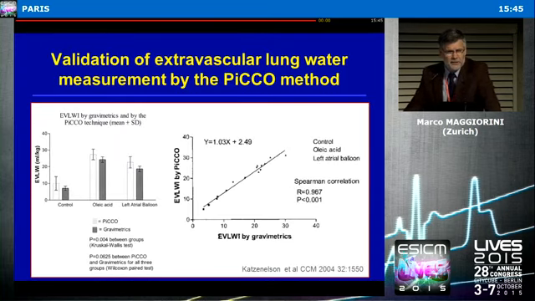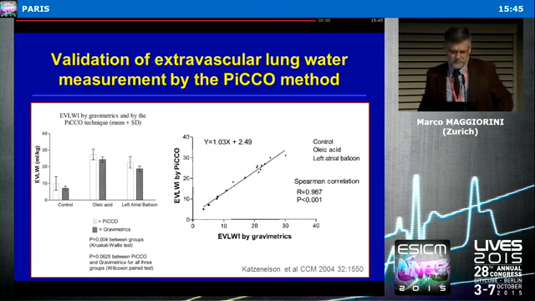This concept of the single thermodilution technique has then been validated in animal experiments, and I show you here one of those experiments that shows it nicely and clearly, the two effects.